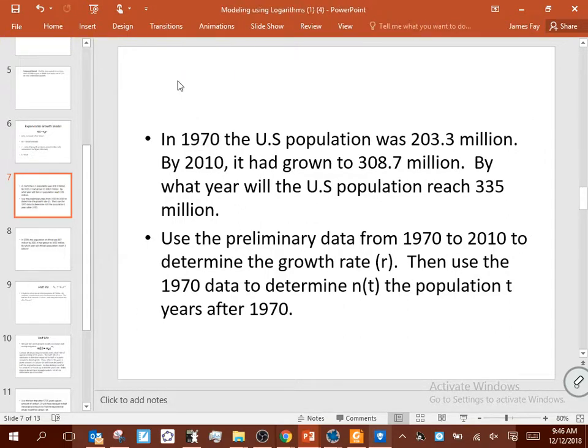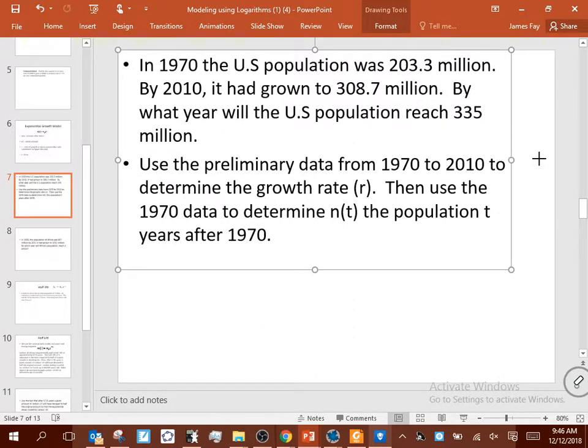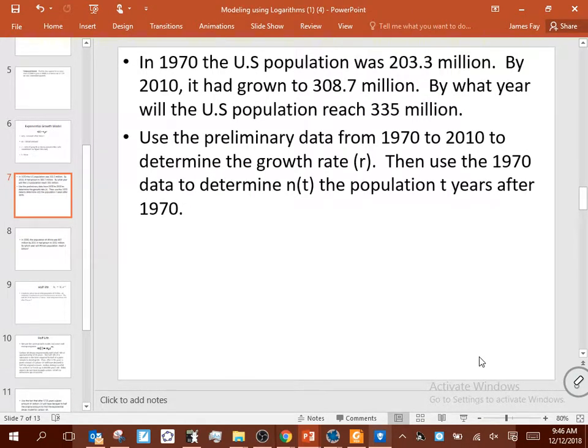All right, so this is another one. We actually have to do a little preliminary work here to address this, but this is a common type of thing to do with population growth, whether it's people, bacteria, whatever. It might be some bacteria in a petri dish growing, and we measure two time periods.